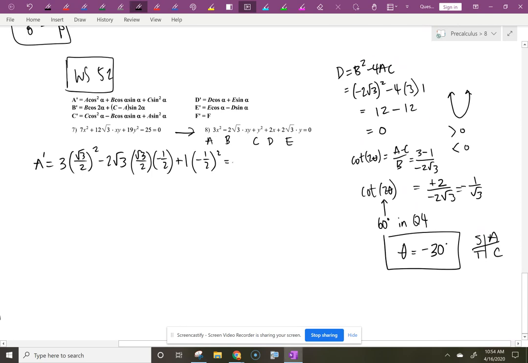So long story short, 3 times 3 is 9 over 4 for the first part, minus, what is that? 3 times 2 is 6. So plus 6 over 4. And then on the back end, plus a fourth. So that's 16 over 4, which is 4.